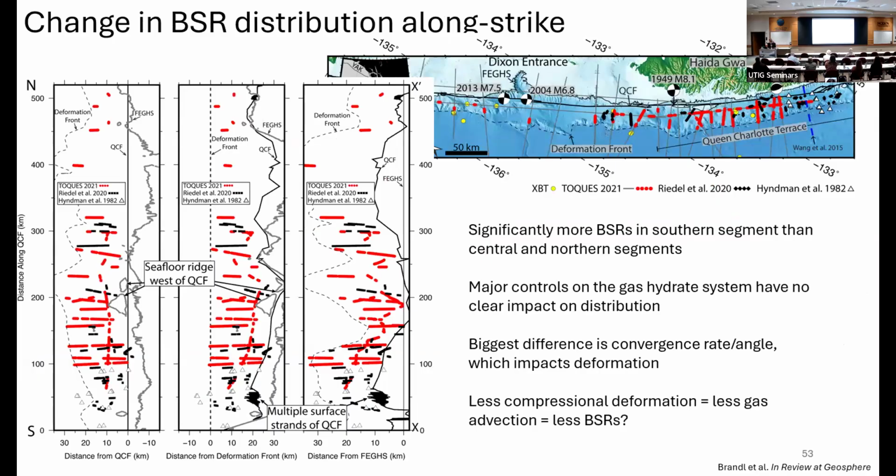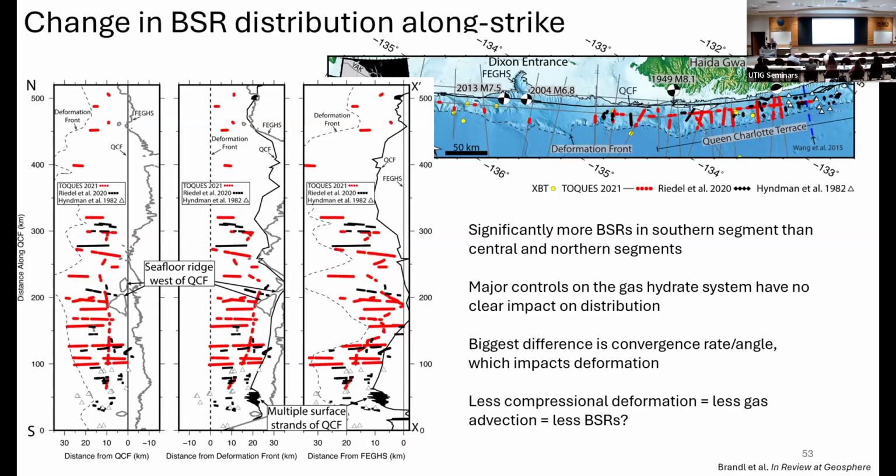Now, I mentioned at the start that there was this quite significant difference in the distribution of BSRs along the plate boundary, where we have significantly more in the southern part of the study area than we do in the north. One might assume that this has something to do with major controls on the gas hydrate system that could have an impact. So we examined the deformation front, the feather edge of gas hydrate stability, and the Queen Charlotte Fault, and looked at the BSRs relative to these major structural controls in the system.